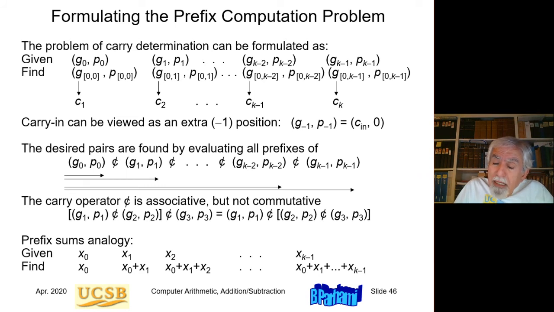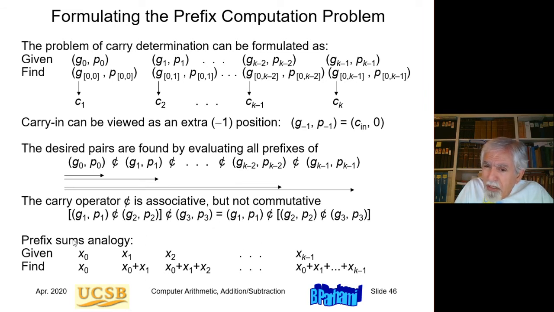So instead of the parallel prefix carry operation, I'm going to perform parallel prefix sums. I'm going to assume that these x values are, let's say, integers or numbers, and I'm interested in finding x0, the sum of the first two numbers, the sum of the first three numbers, and then the sum. So this is known as parallel prefix sum.